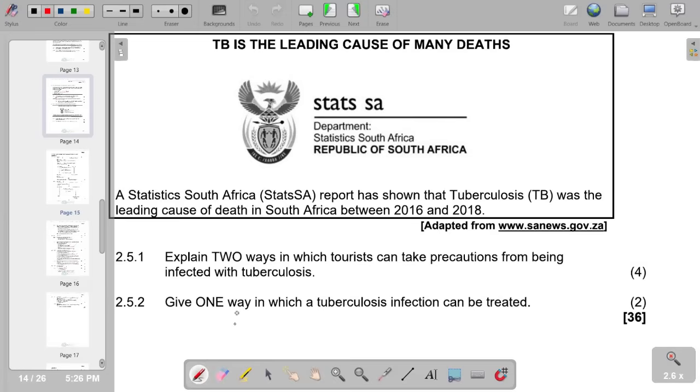So we've got 2 ways that we've mentioned. Complete the course of medication, 1. 2, take prescribed medication for 6 to 12 months without missing a day. So that's it. According to the treatment, you have to take the prescribed medication for 6 to 12 months. So that is on 2.5.2.